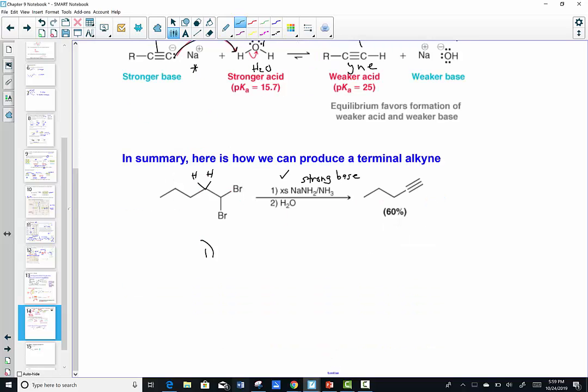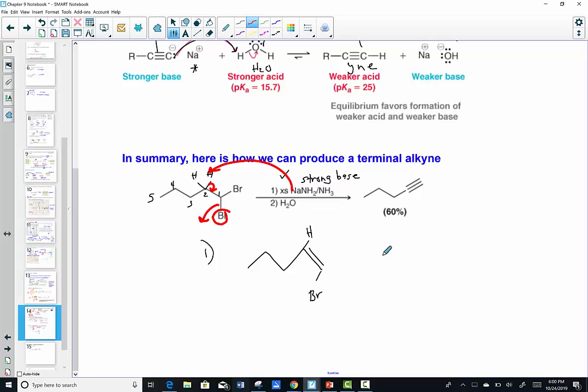In our first step, 1, 2, 3, 4, 5. One of the hydrogens and one of the bromines has been taken, and we have the double bond that's formed. So in the first step, the halogen leaves. The hydrogen, of course, gets plucked off, and this bond collapses.